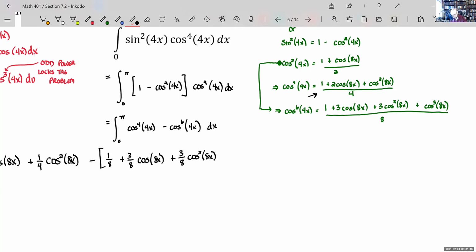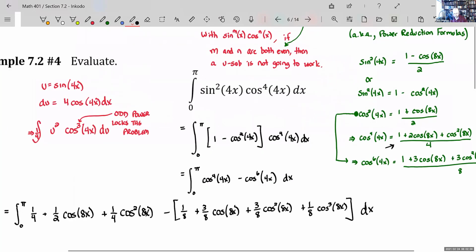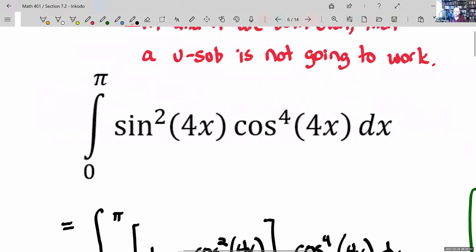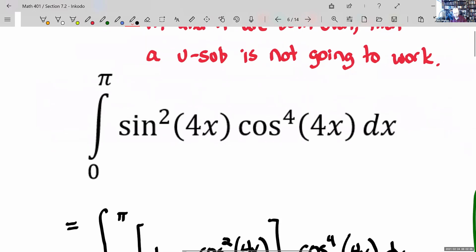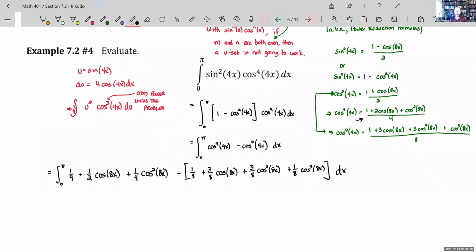And then plus 1/8 cosine cubed of 8x dx. Notice that the product of these two trig functions here, the product of even powers of sines and cosines, ends up exploding into a massive integral. You have to have the patience to stick with this. It is just one of those integrals that's a pain.